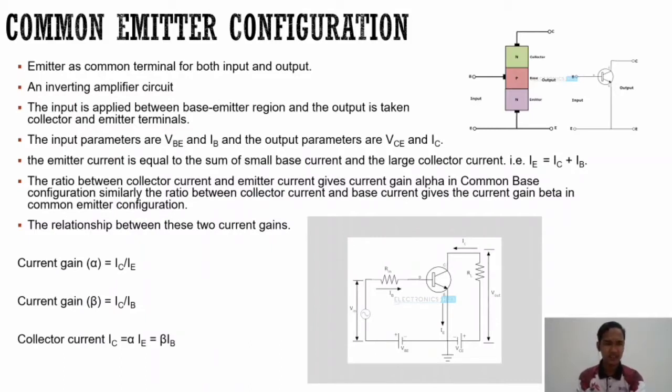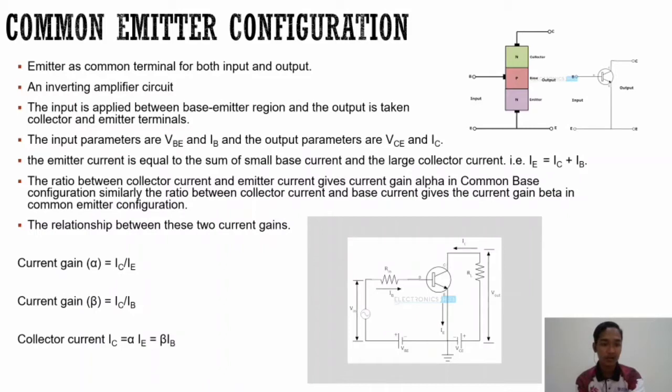The emitter current is equal to the sum of the small base current and the large collector current, so IE equals IC plus IB. The ratio between the collector current and the emitter current gives the current gain alpha in common base configuration, similar to the ratio between collector current and base current, which gives the current gain beta in common emitter configuration.